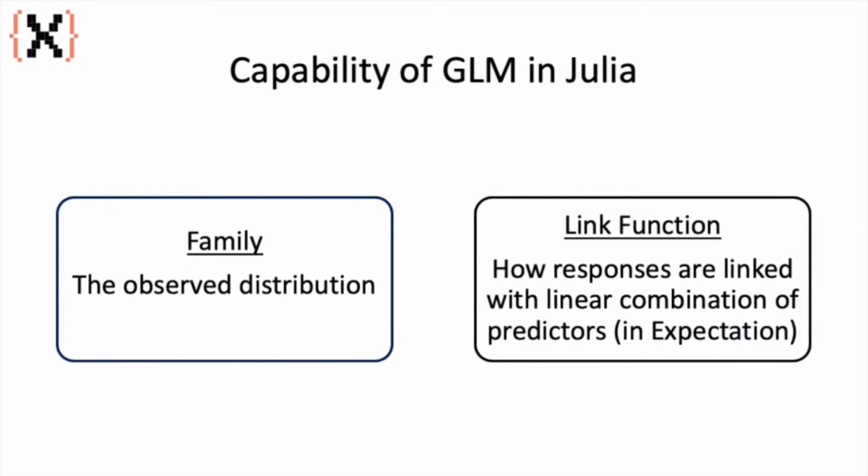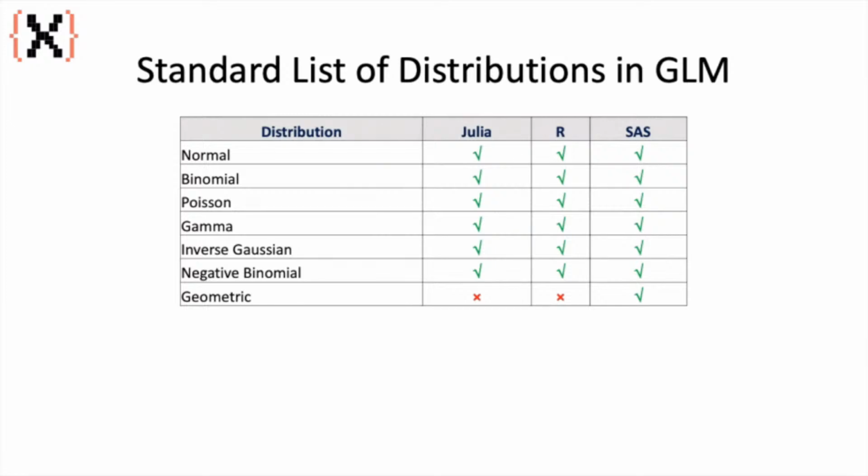Two main aspects of a generalized linear model are distribution family and link functions. Let's see where Julia GLM is positioned right now. Except for the geometric distribution, almost all one-parameter exponential distributions are available in Julia. But the geometric distribution is a special case of the negative binomial distribution, so one can do modeling with the geometric distribution indirectly.